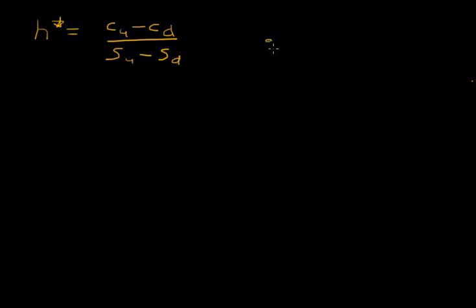So for instance, if you're standing here relative to two situations and you're trying to find your perfect hedge, you're going to look at the call up less the call down, and then put that over the stock up less the stock down. So it's relative to what node you're sitting at and what you're trying to deduce the value of.